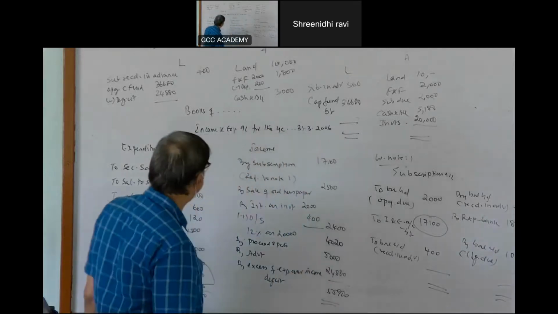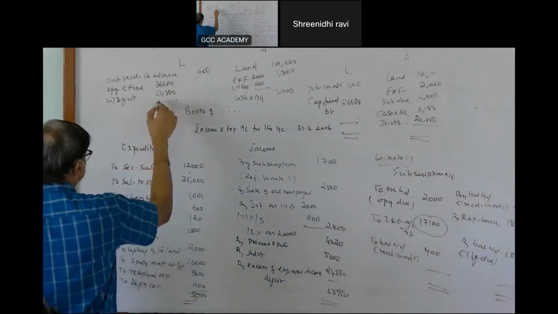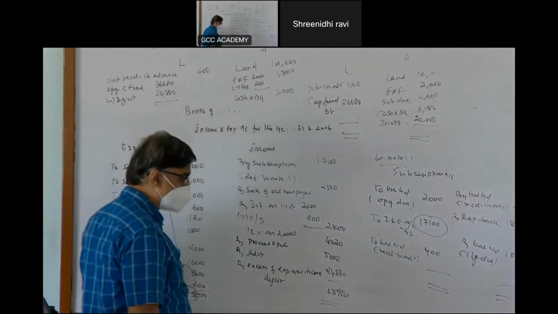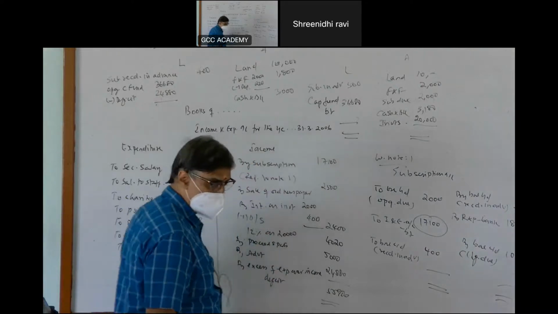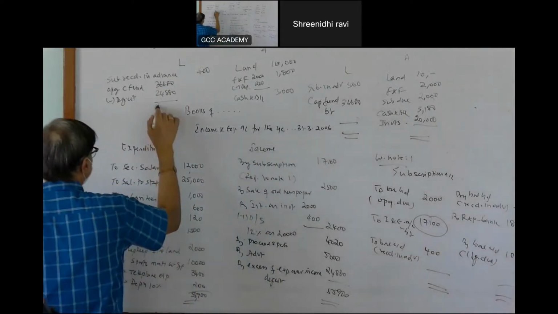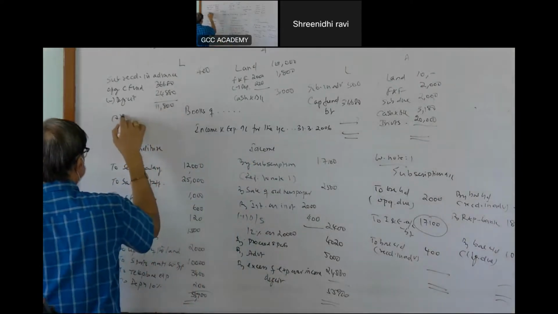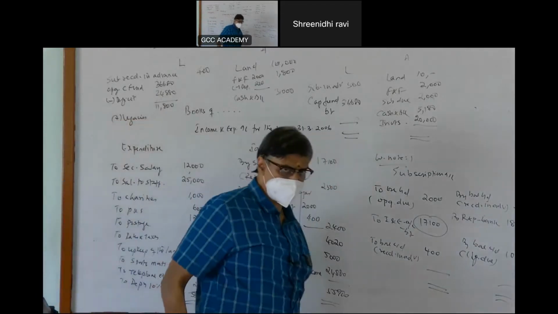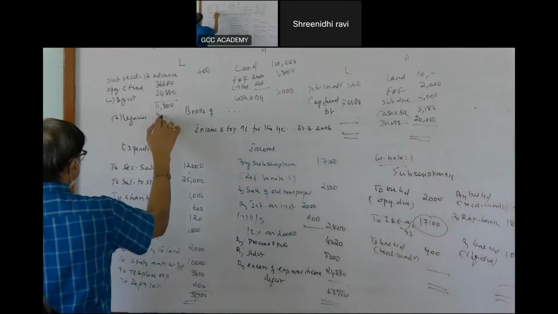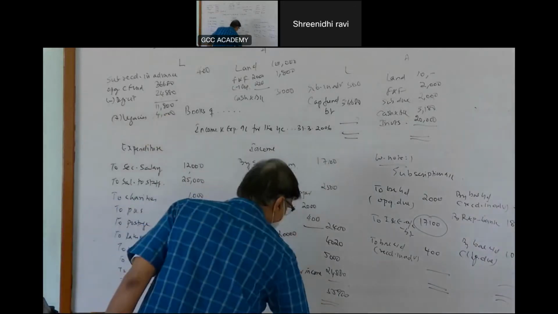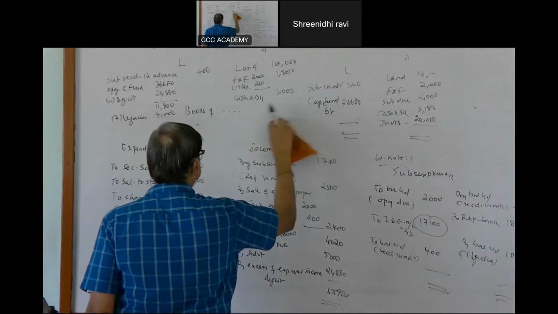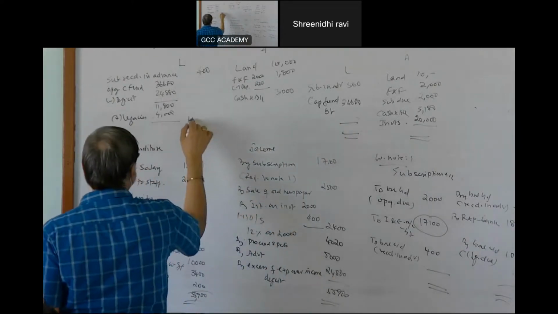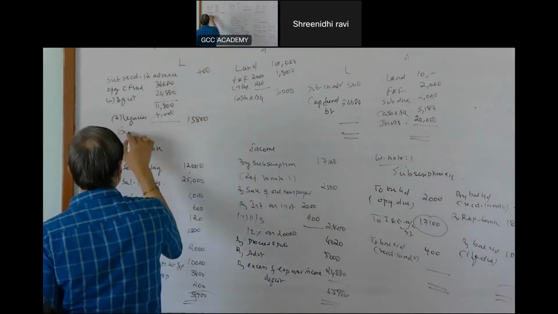How much is the deficit? 24,880. How much does it come to? 36,680 minus 24,880 is 11,000. Add legacies. Legacies to be added in capital fund. How much are the legacies? Legacies 4,000. So 15,800. Then endowment fund.